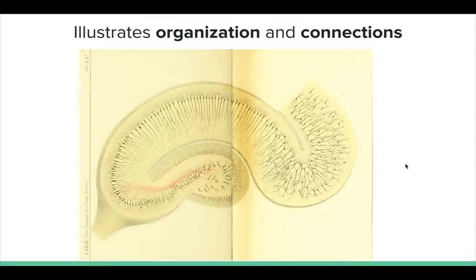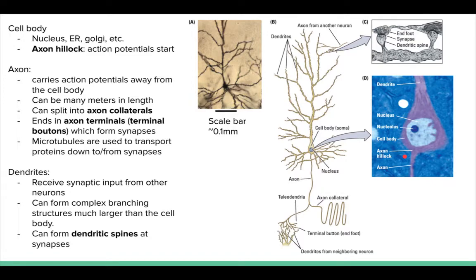Let's get on to a picture of our neuron and talk about the structure of a neuron. Of course, a neuron, like every other cell, has a cell body, and the cell body contains the nucleus and the Golgi organ and the endoplasmic reticulum and all that important stuff for making a cell do what it does.